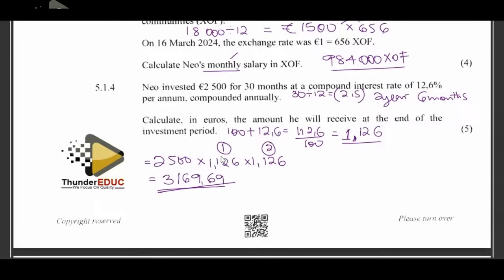So the 6 months, how are we going to do it? Since the 6 months is not a full year, we shall say 0.5 times the percentage there. What do we get? So now this percentage is the one that we are going to deal with. So now it becomes 1.063.